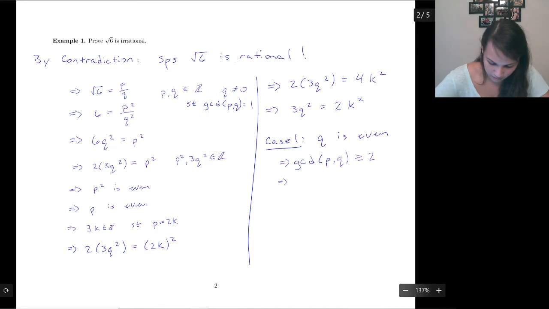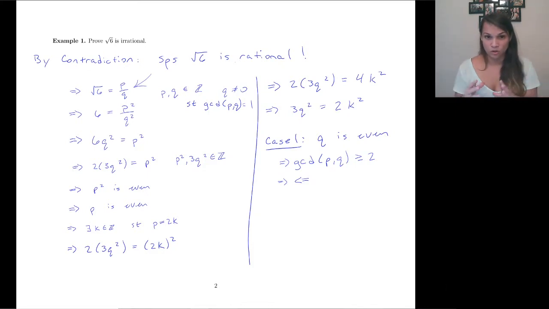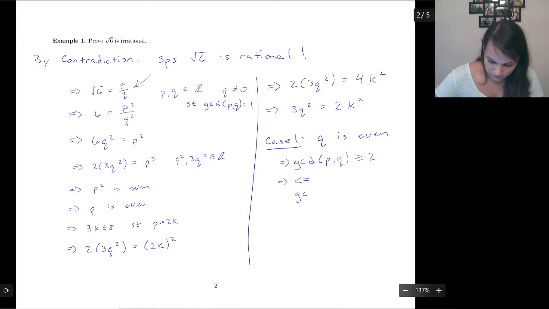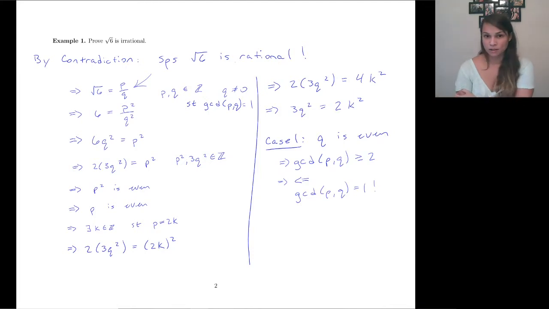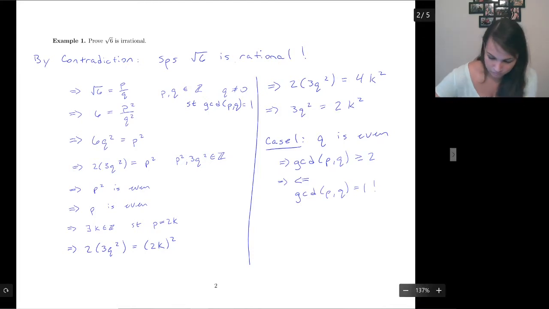That means we have a contradiction because there's no reason we can't state at the beginning that they are in their lowest terms. So GCD of p and q is equal to 1. So that means q isn't even.